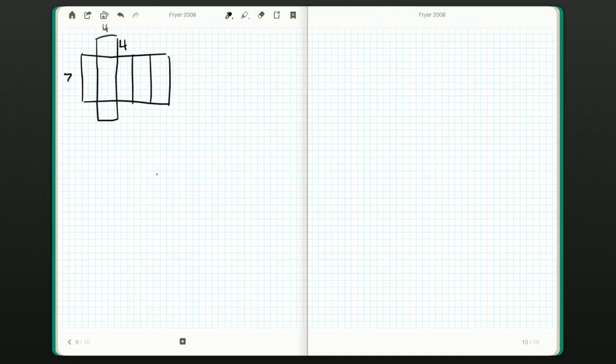So, this folds into a 4 by 4 with length 7. Not fodding, we want the word folding.